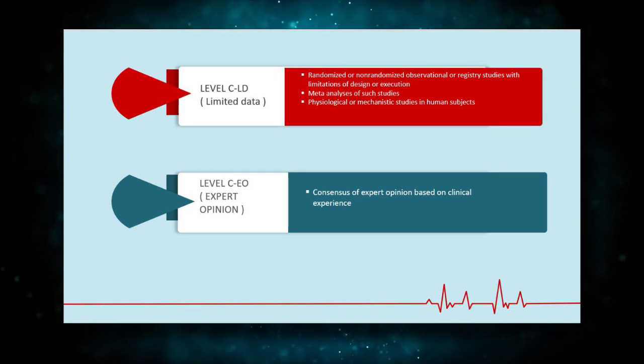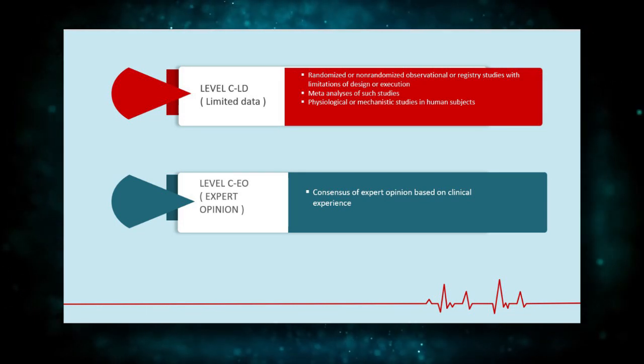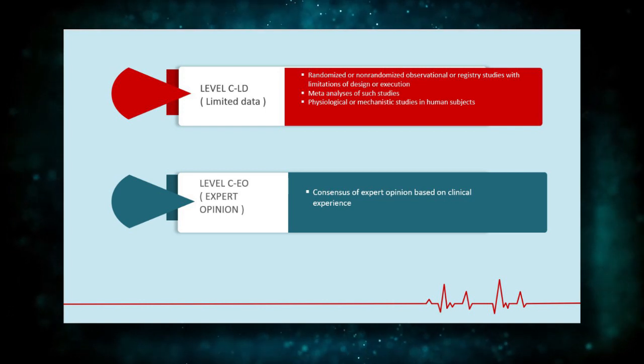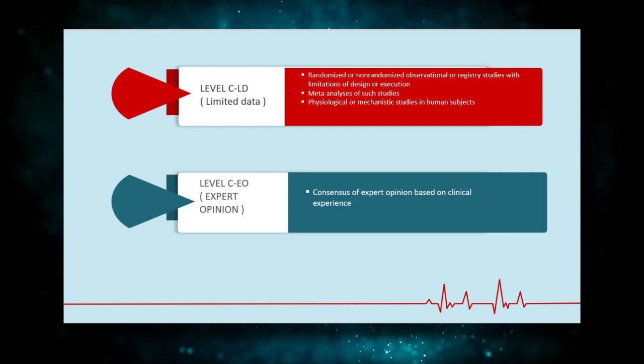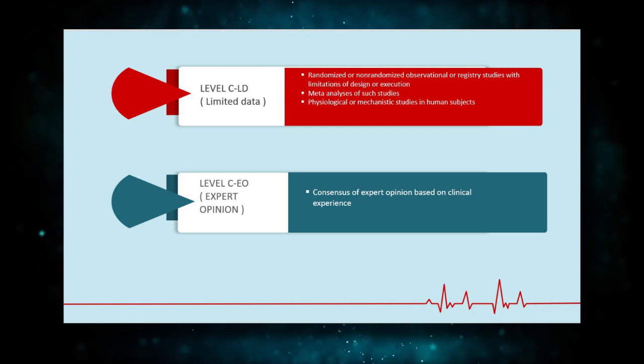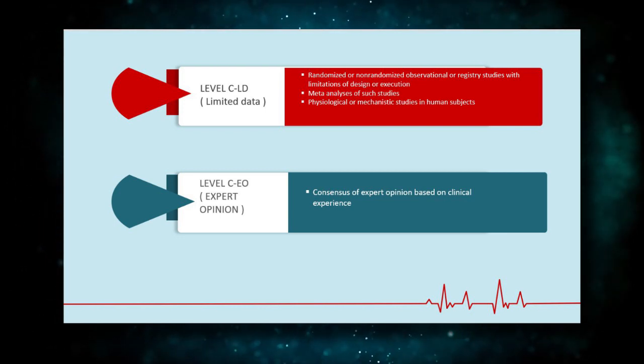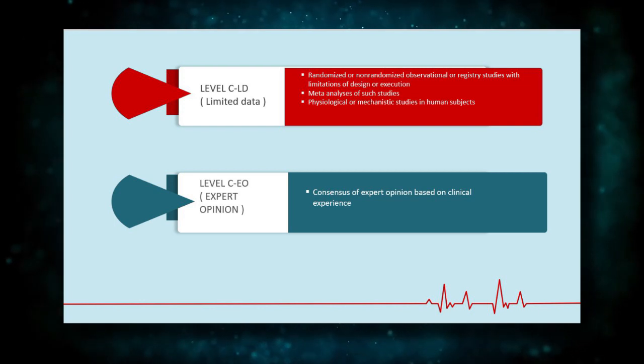While level C limited data, evidence is acquired from randomized or non-randomized observational or registry studies with limitations of design or execution, or meta-analysis of these studies, or physiological or mechanistic studies in human subjects. While level C expert opinion, evidence is acquired from expert opinion based on clinical experience.